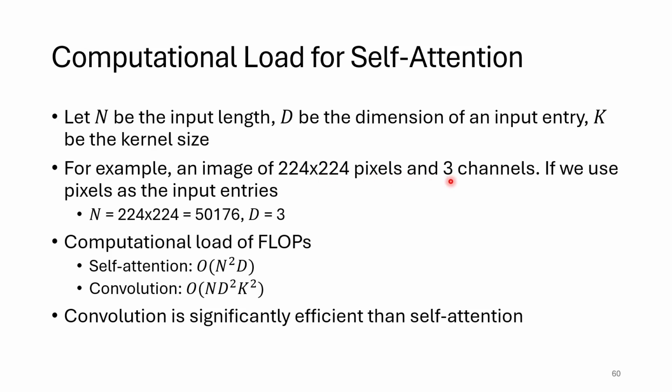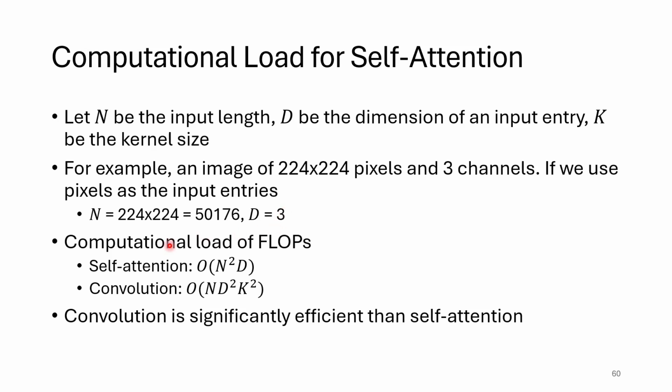Then how many entries do they have? 224 by 224 is totally about 50k pixels in an image, and the channels of the pixels are 3. So suppose they have 50k vectors, and every vector has 3 elements.